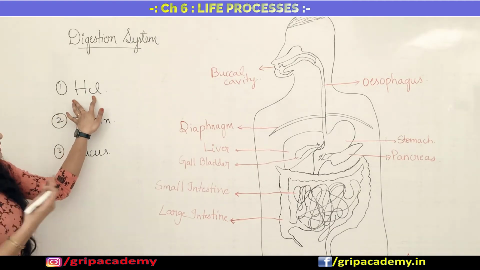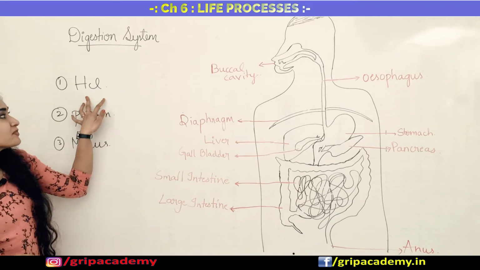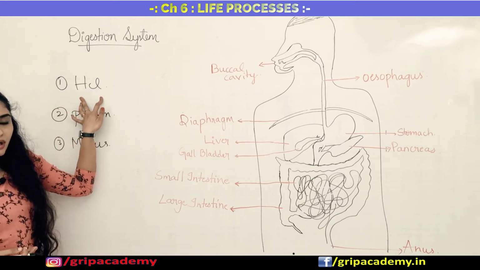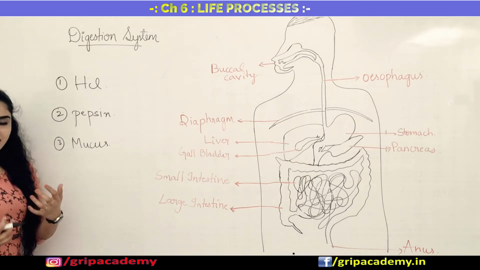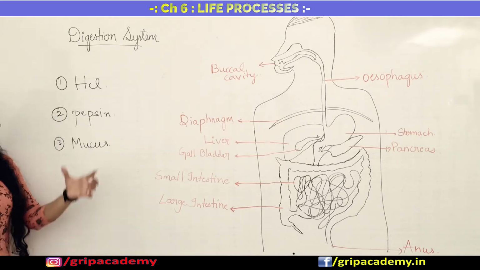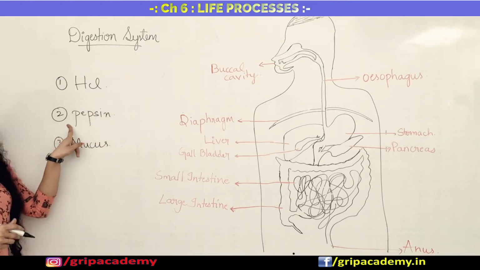It mainly produces HCl, which is hydrochloric acid. It has the main function of converting the inactivated form of enzymes into the activated form. I told you the stomach also releases an enzyme called pepsin.